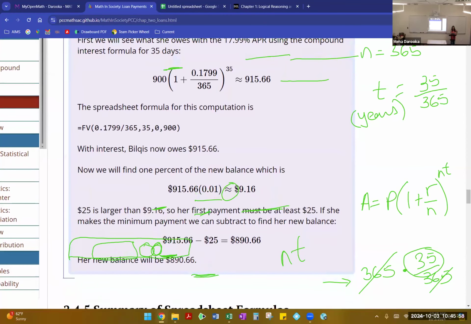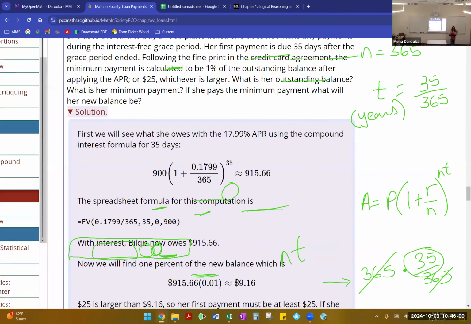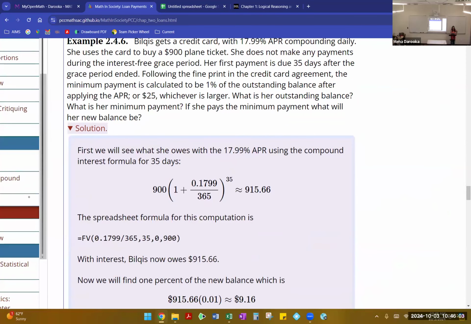Now they did tell us, looking at the fine print from the credit card agreement, that the minimum payment is calculated to be 1% of the outstanding balance after you have applied the APR. And depending on what dollar amount it comes out to, if that 1% is less than $25, then you will charge $25, because they're saying go with the larger amount.